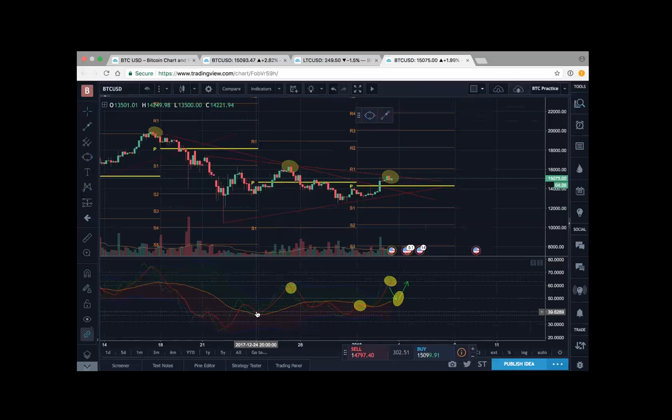Yeah. Exactly, so about right here. Yeah, this actually would have been a good entry for a buy, 3,000. Yeah, this right here would have been a good buy entry.